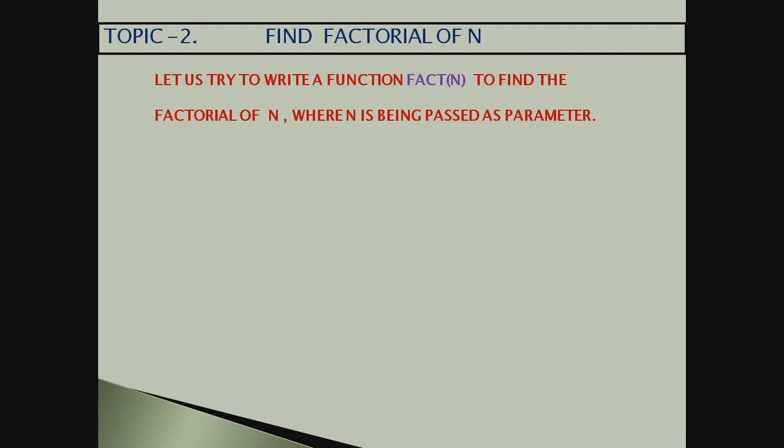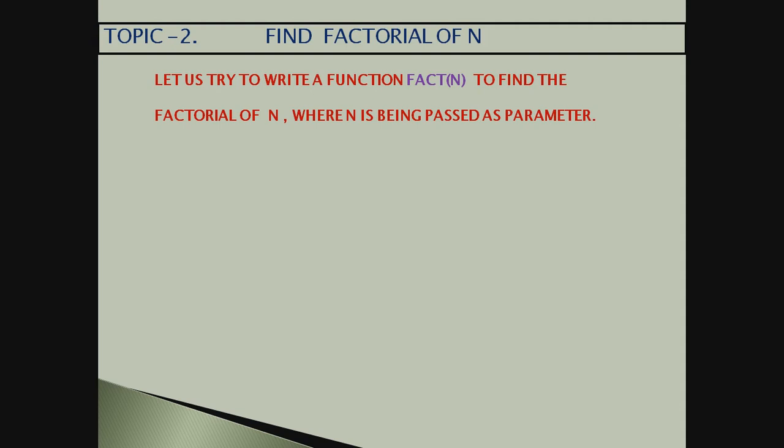So this fact function takes n as a parameter and finds the factorial of that number n. Let us first analyze what factorial means and how fact_n should work.